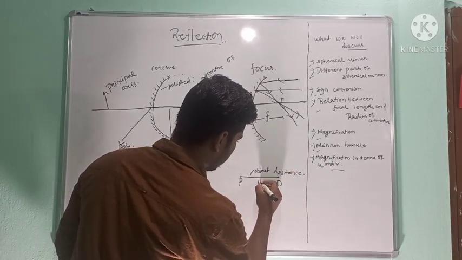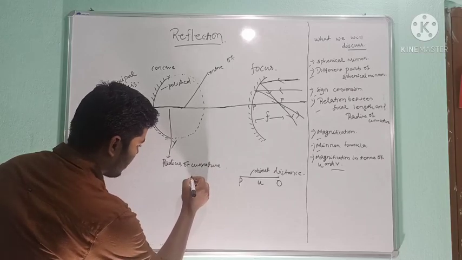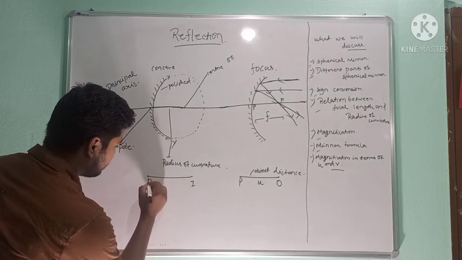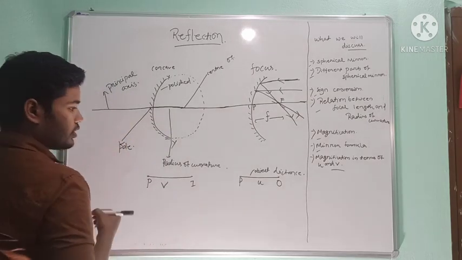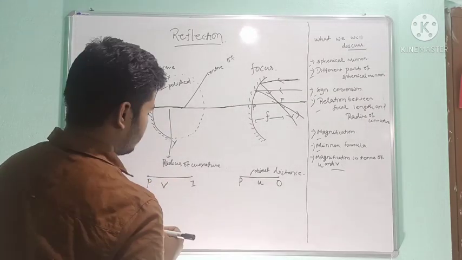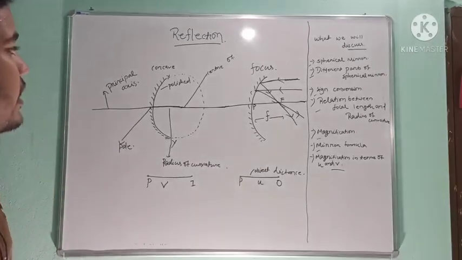This is u. And from the image to the pole of the mirror is called the image distance.